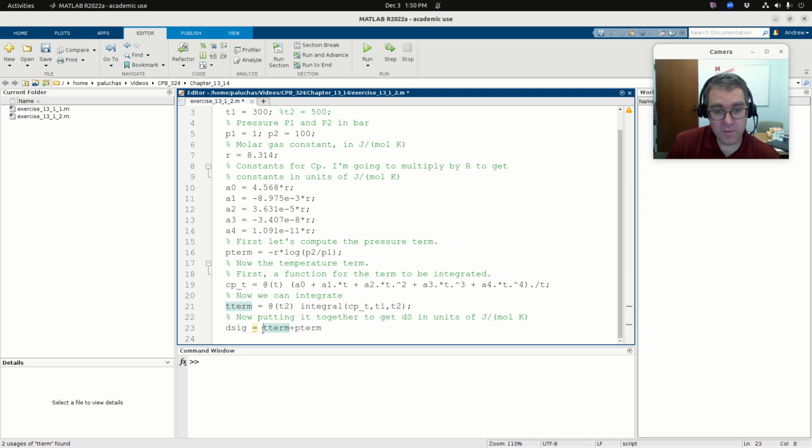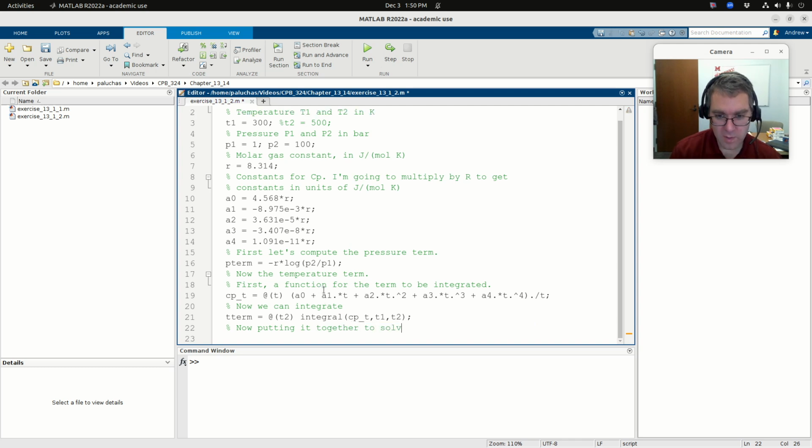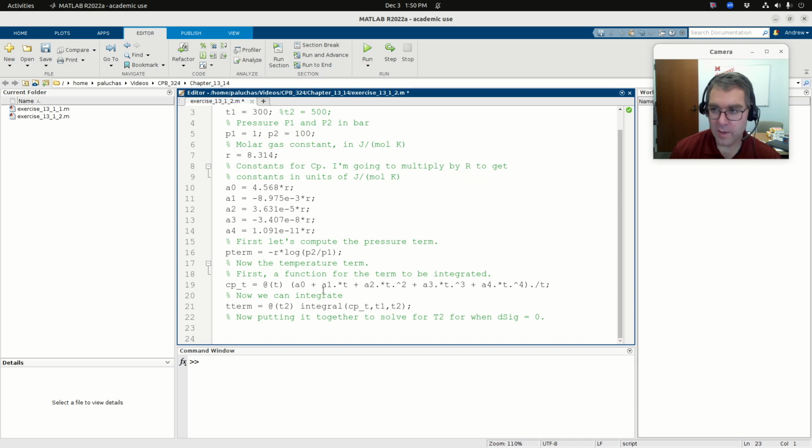And then for ds, I'm actually looking for when ds is equal to 0. So putting it all together to solve for T2 for when ds ideal gas is equal to 0, I could do something like this.